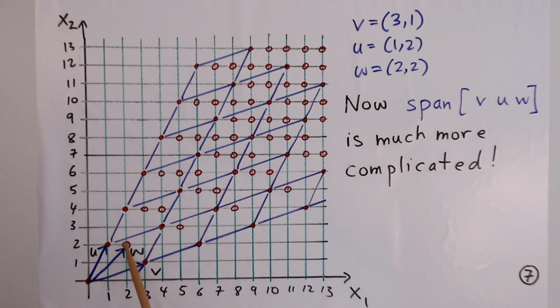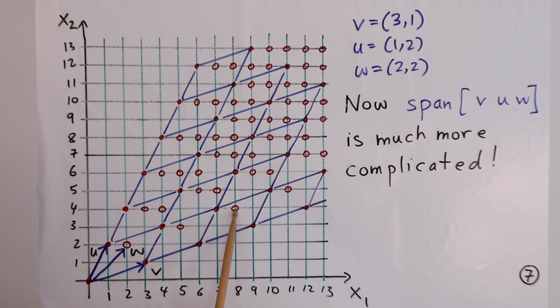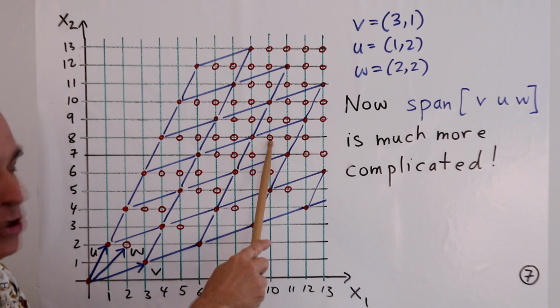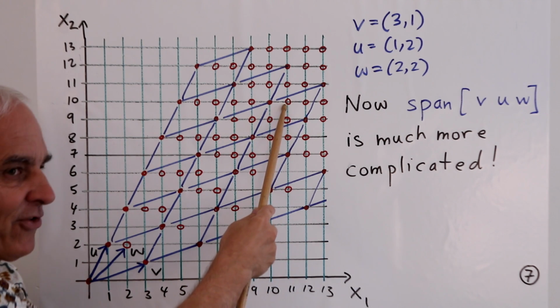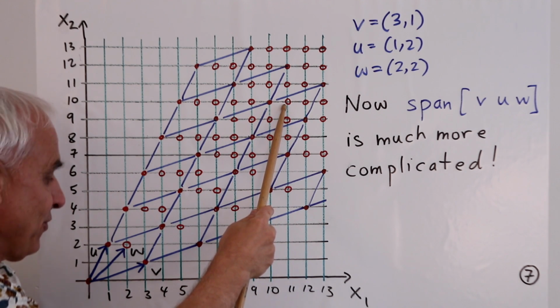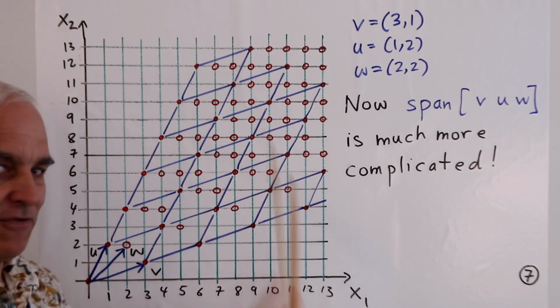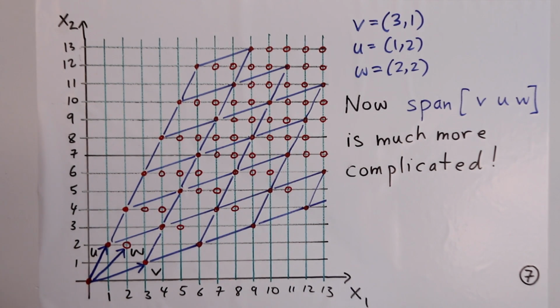So for example, not only do we have W, but we also have W plus V, W plus 2V, and W plus 2V plus U, W plus 2V plus 2U, W plus 2V plus 3U, W plus 2V plus 4U, etc.